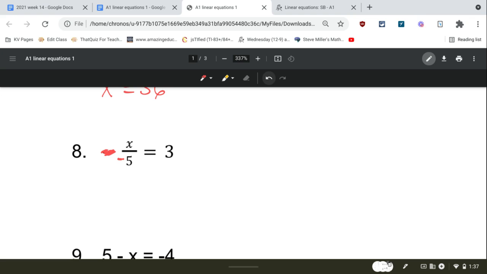So I'm going to clear the denominator, multiply both sides by negative 5. The negative 5s are going to cancel each other out here. And then on the right-hand side, you're going to have negative 5 times 3, and so that's going to leave you with negative 15 on the right-hand side.